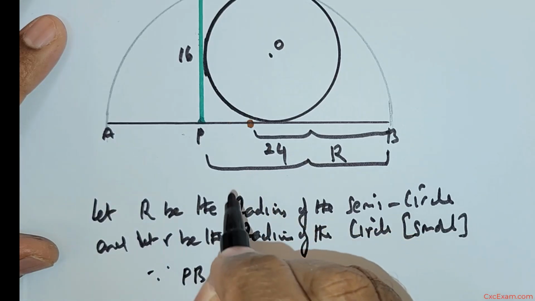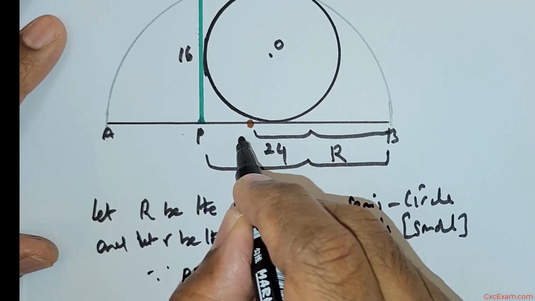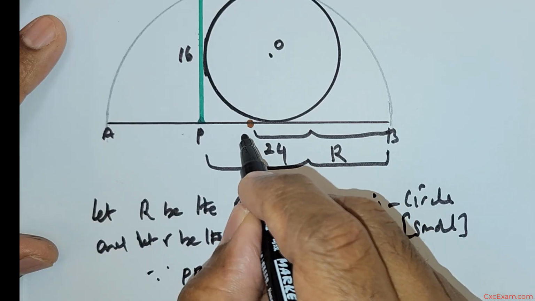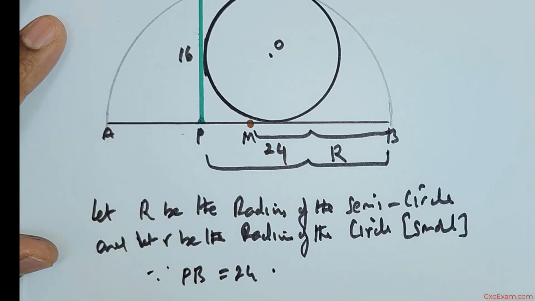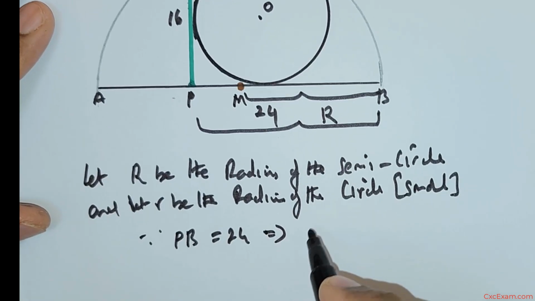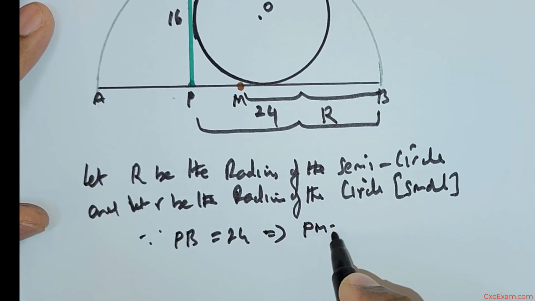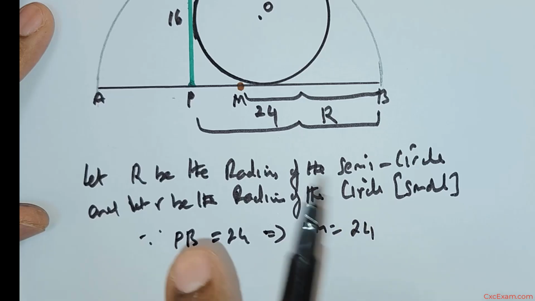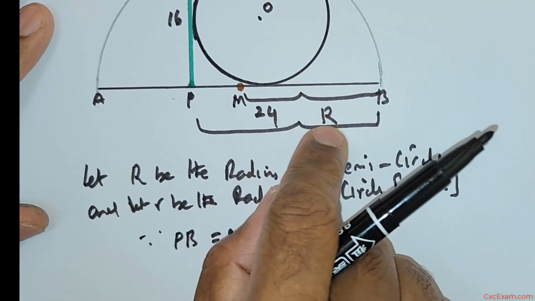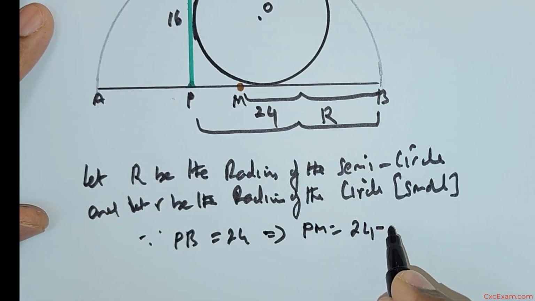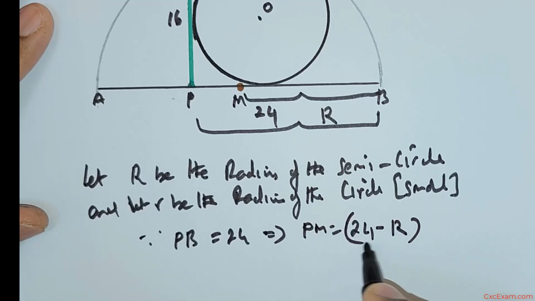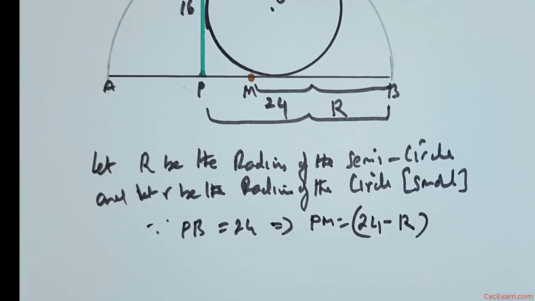So if I were to take this point as some M, this means PM is going to be 24 minus R. From 24 you take away R, that is going to be giving me PM, right?